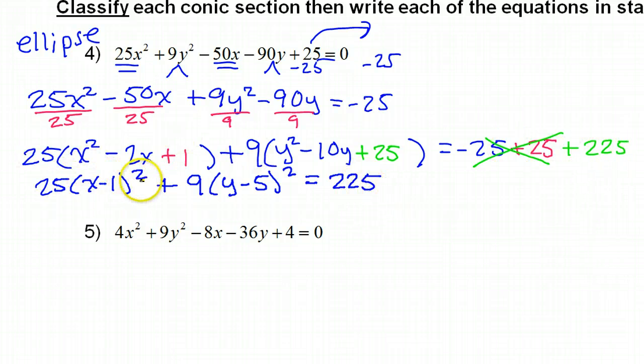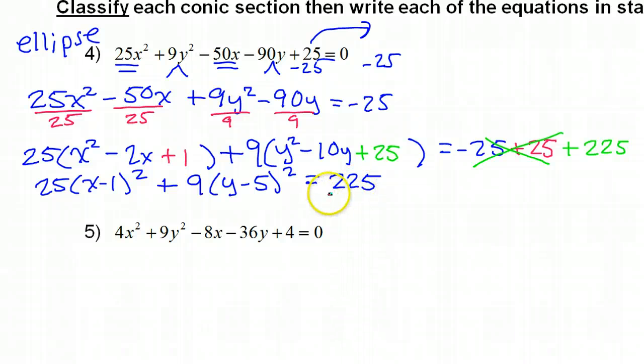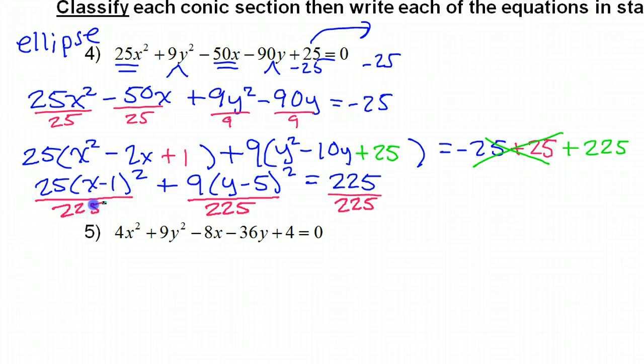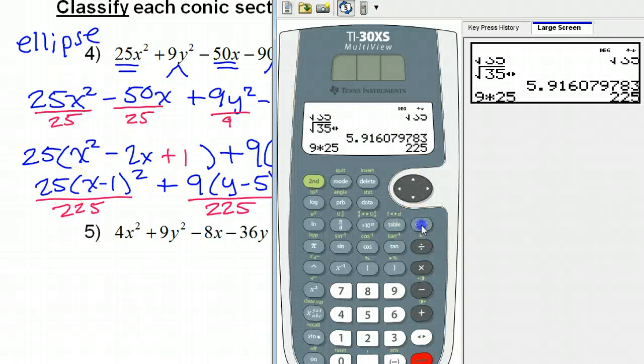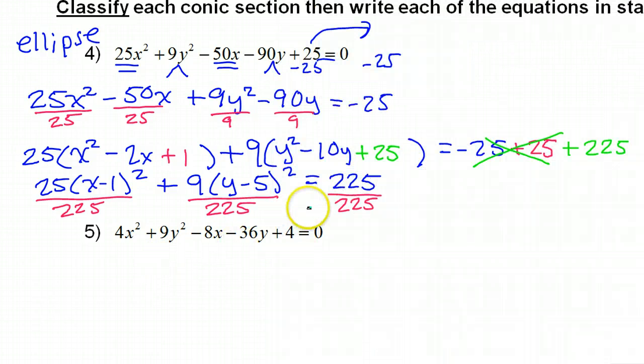Okay? Now, this is trying to be an ellipse, like I said. So that means for standard form, I need a 1 over here. So I'm going to divide everything by 225, like so. Okay, 25 goes into 225 9 times.